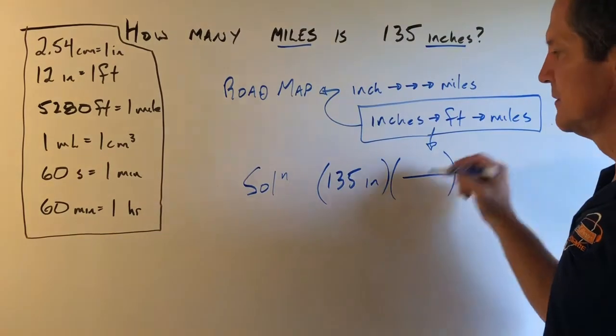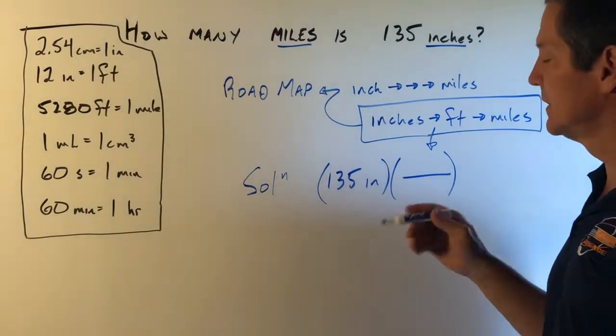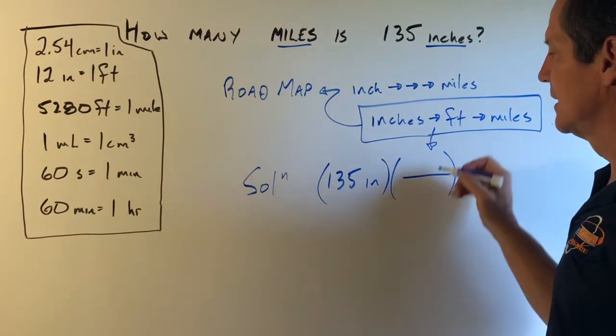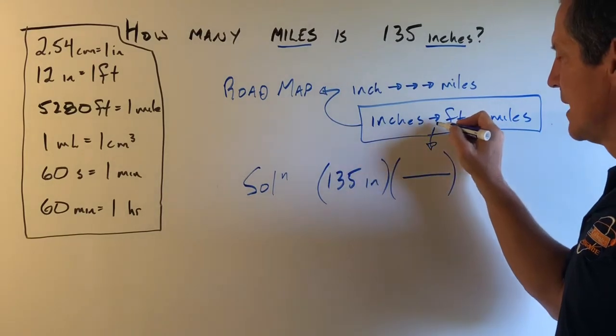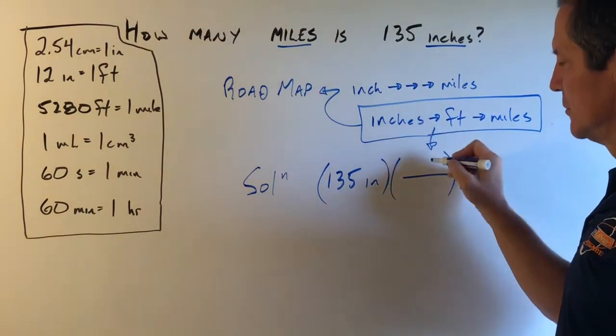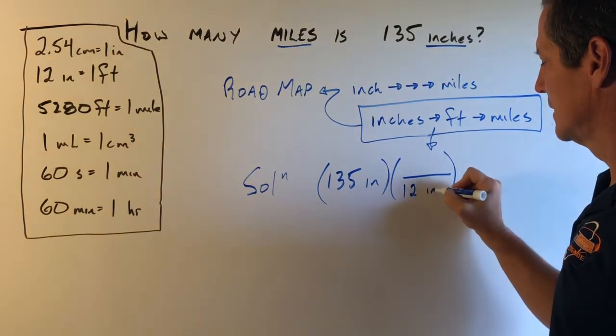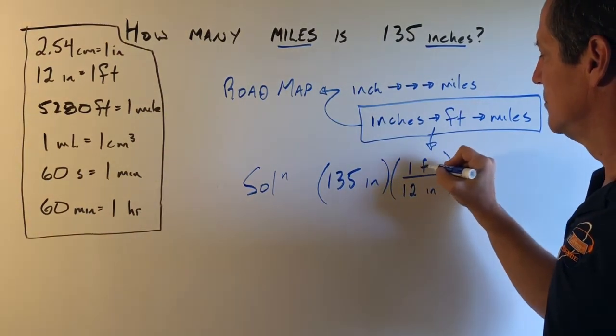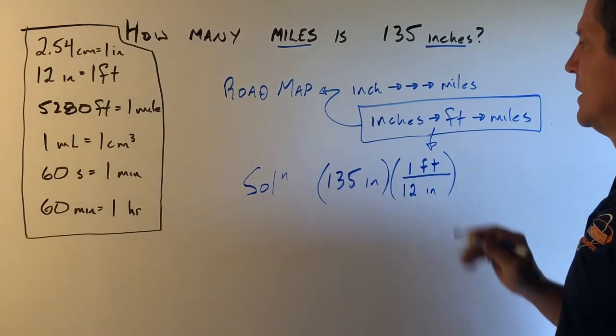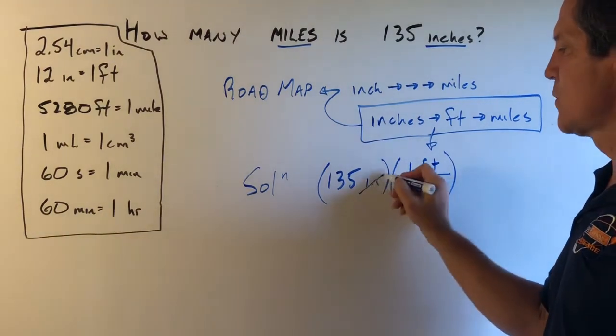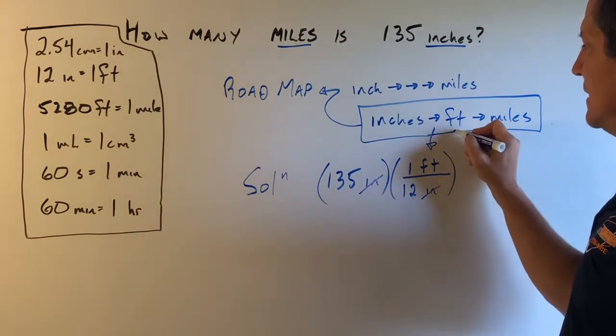Okay, so the conversion factor that's in the DeWitt videos that the book talks about, in my roadmap, that arrow is the conversion factor. So here I'm going to put my inches in the denominator so that it cancels, and my numerator is what I'm going to. So if I stopped right here, I'd have feet, and that's where I am.